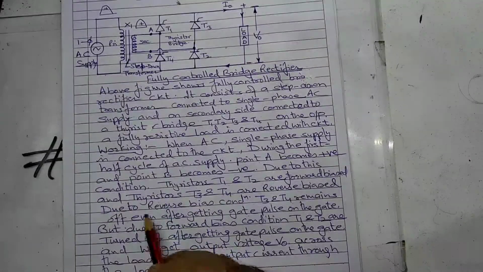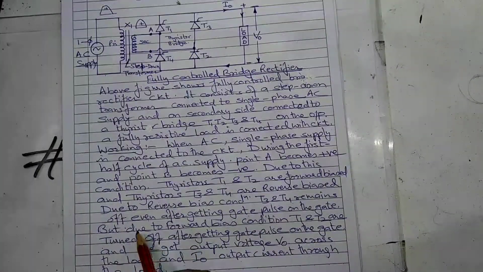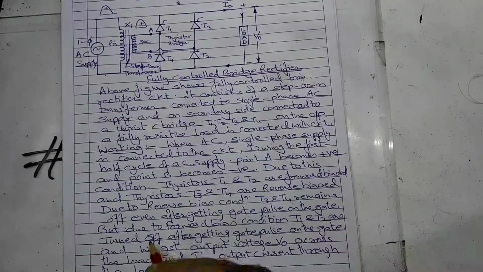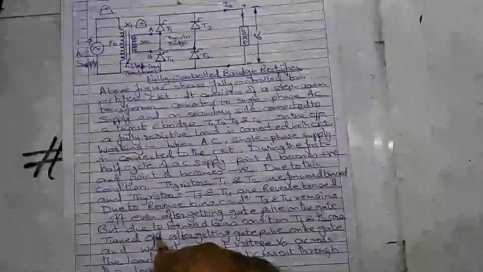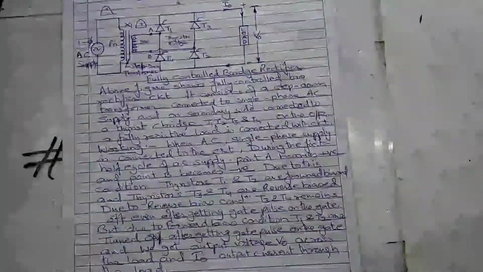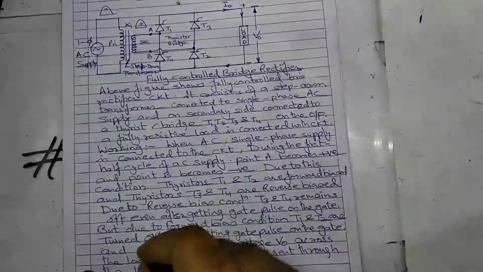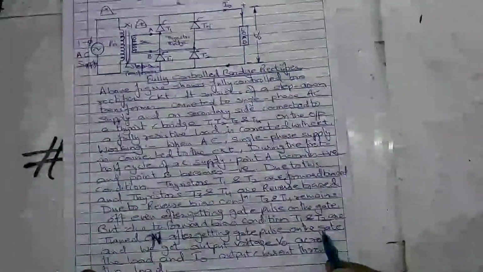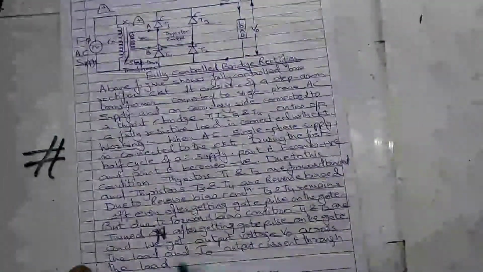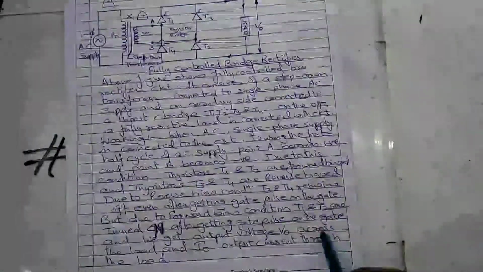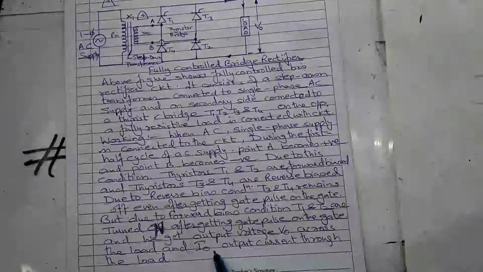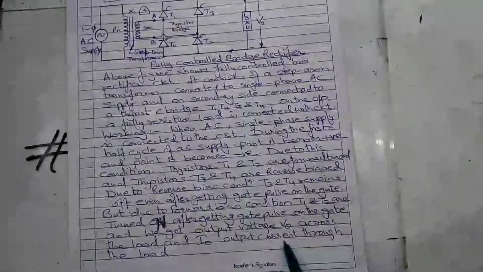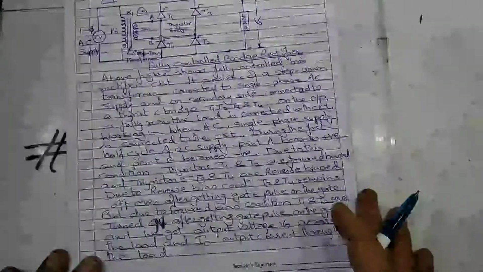Due to the forward bias condition, T1 and T2 are turned on after getting the gate pulse on the gate. Then we get the output voltage VO across the load and output current IO through the load.